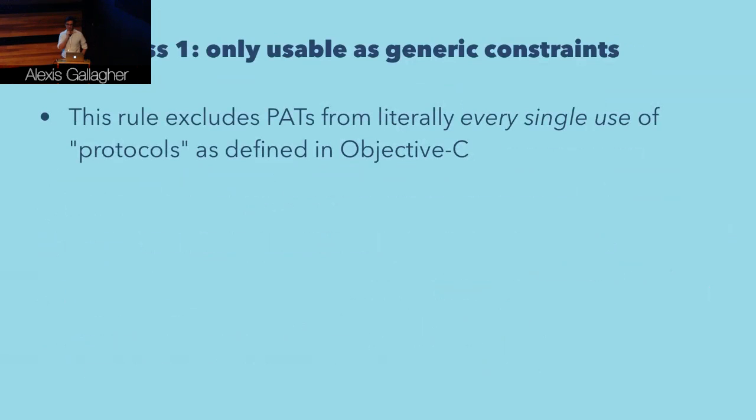Objective-C lacked constraints, right? So in Objective-C, none of the protocols you used were being used as generic constraints. PATs can only be used as generic constraints. There's literally no overlap. QED, right? So yeah, that's a little bit odd. They're called protocols, but literally every single protocol you ever wrote before, you could not write it with a PAT.